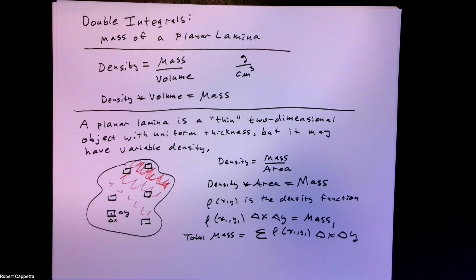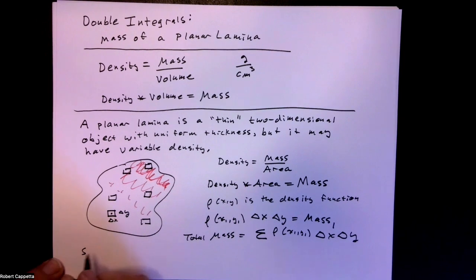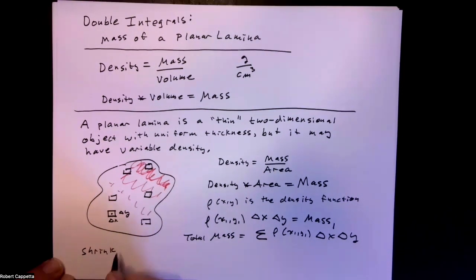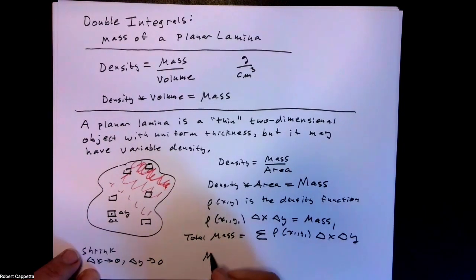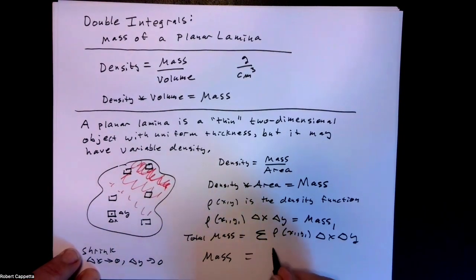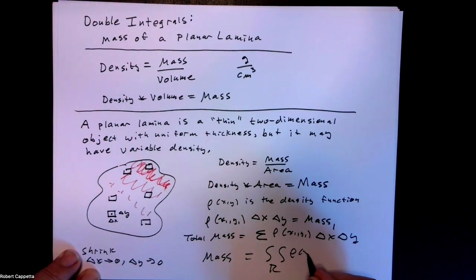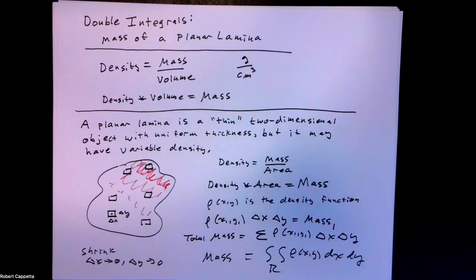We're going to shrink delta x and delta y to 0 to turn this sum into an integral. So as we do those, doing our Riemann sum, what is that going to give me? The mass will be the double integral over my region R of rho of x, y, dx dy or dy dx, whichever order you want to go in. So that'll be our formula for finding the mass of a planar lamina.